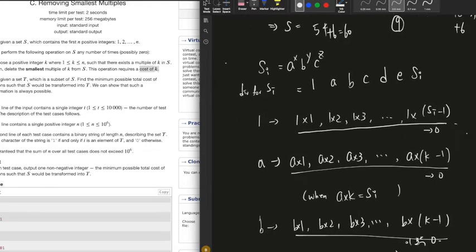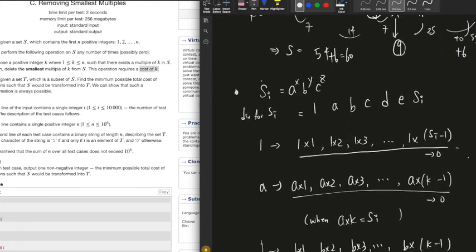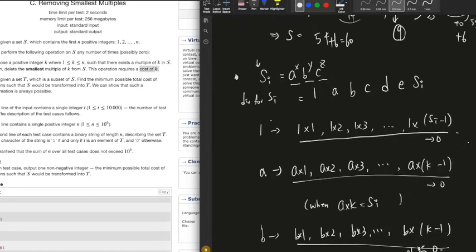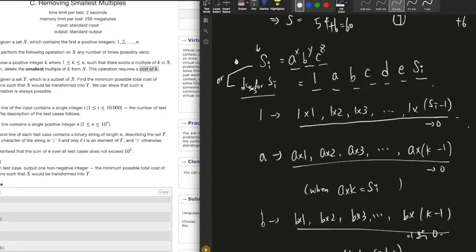So I summarized how to solve the problem. If there's S_i and the divisors of S_i are 1, A, B, C, D, E, S_i.